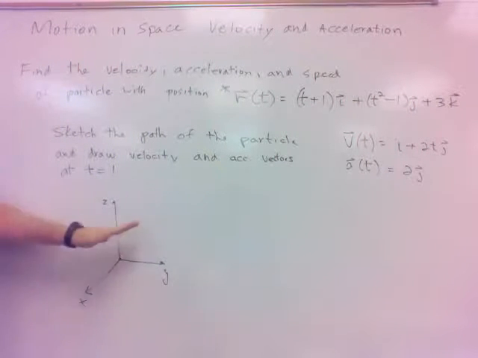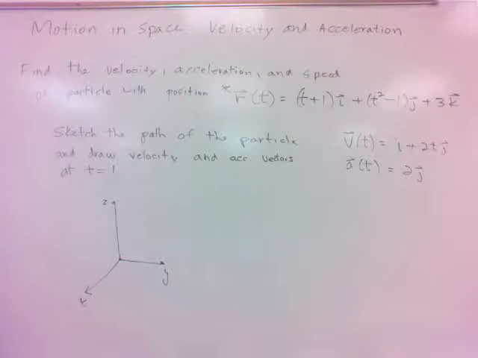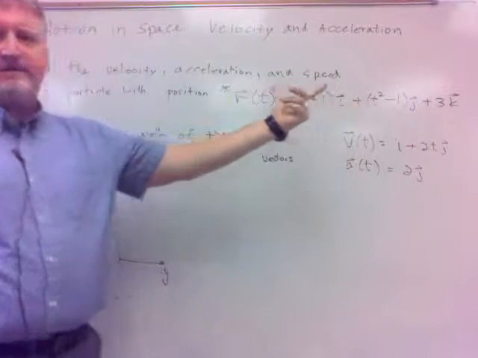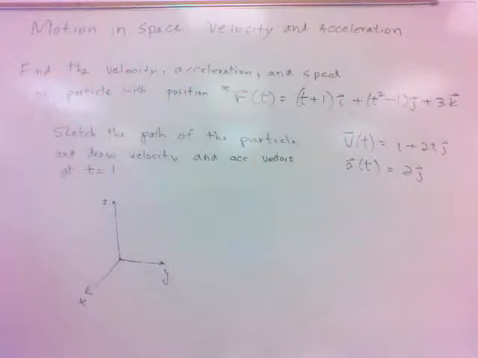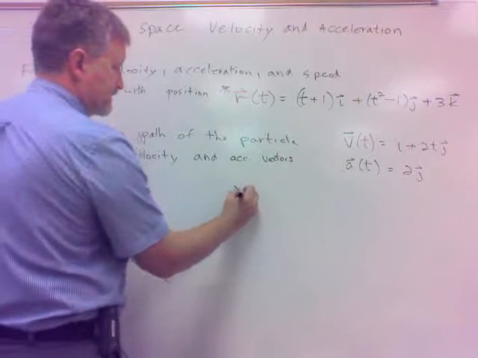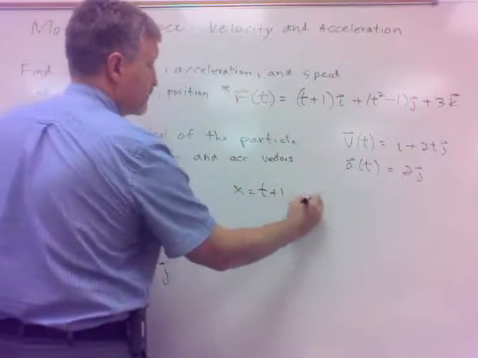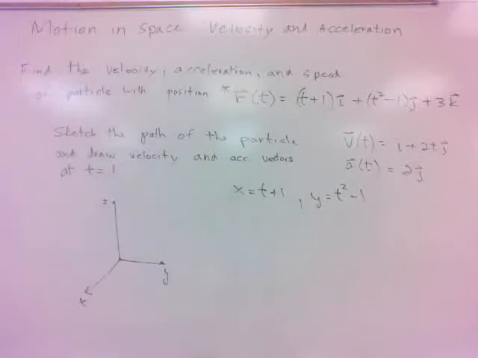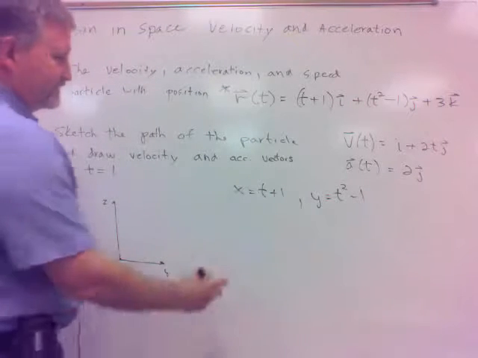So basically we've got to figure out what happens in the x and the y, and we just think of those as the parametric equations. x equals t plus 1, y equals t squared minus 1. And to see what maybe that looks like, just convert it to an xy equation, is usually what they try to get us to do.